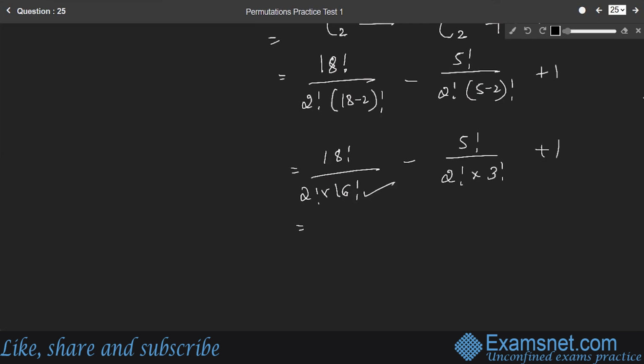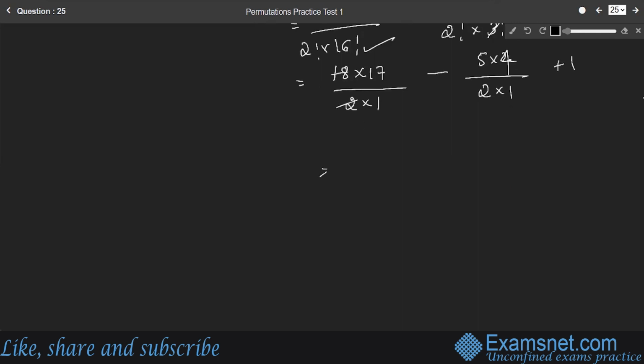So this 16 factorial and in the numerator, the 16 into 15 part will get cancelled. Therefore, we have 18 into 17 in the numerator and in the denominator, we have 2 factorial, which is 2 into 1. Whereas in the next part, we have 5 factorial. So 5 factorial is nothing but 5 into 4 into 3 into 2 into 1. So that 3 into 2 into 1 part will get cancelled with the 3 factorial part, right? Therefore, we have 5 into 4 by 2 factorial plus 1.